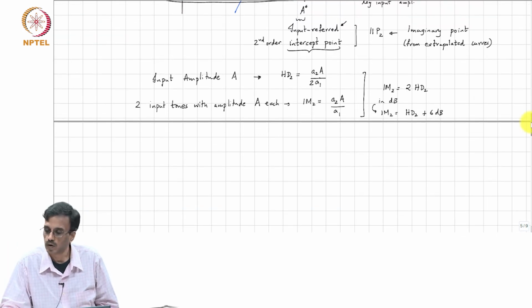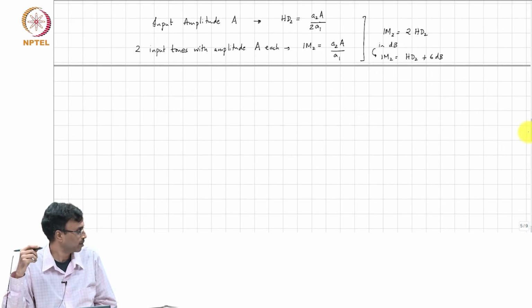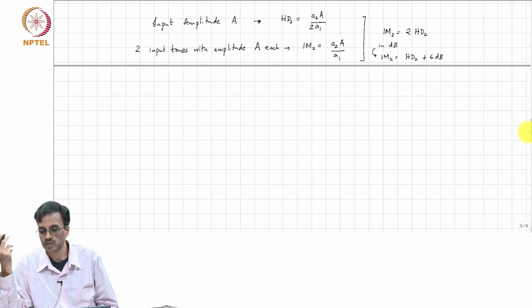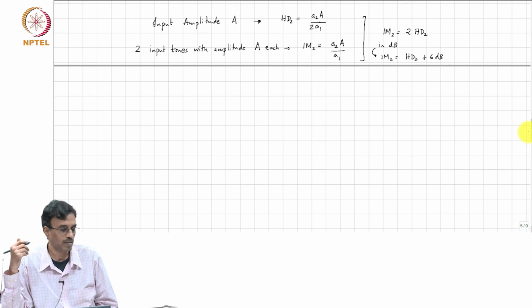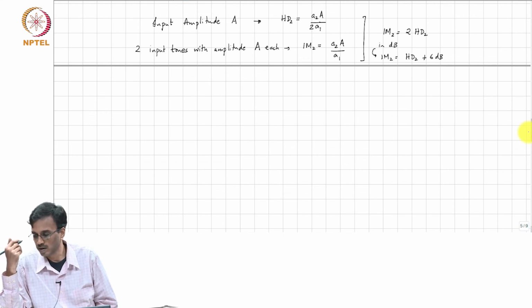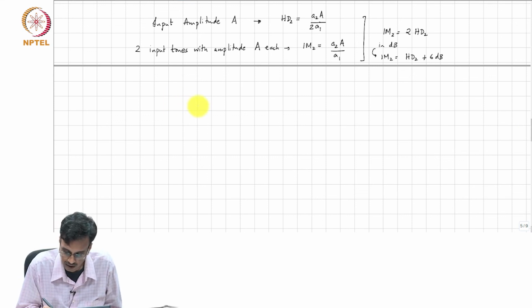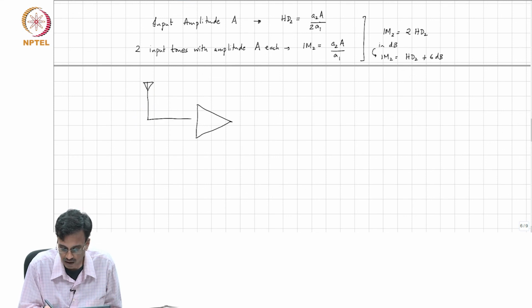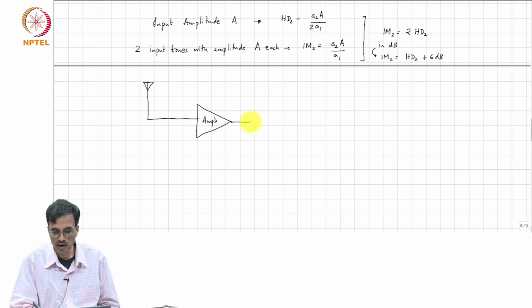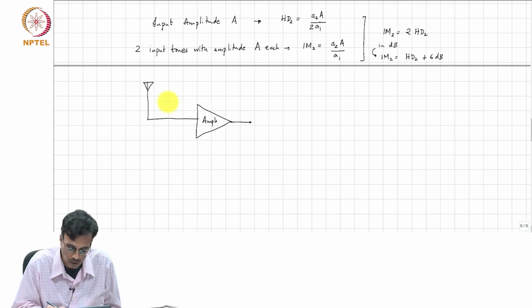So in a practical system, where are examples where second order nonlinearity can be very problematic? An example is again an RF receiver chain. Let us say this is the antenna, and this goes into the front end amplifier, which is supposedly linear.